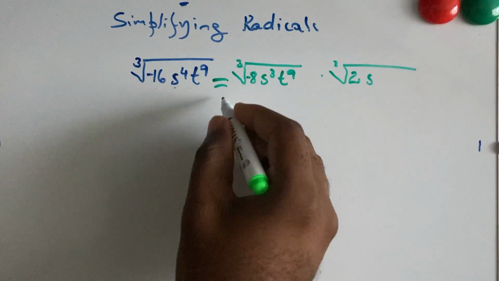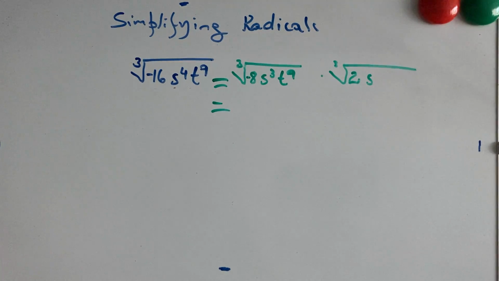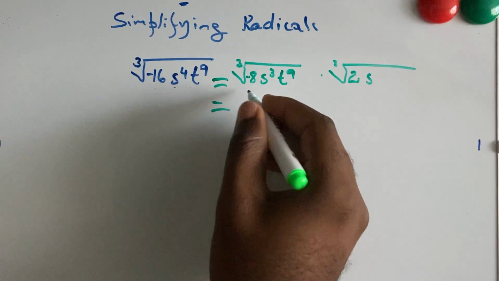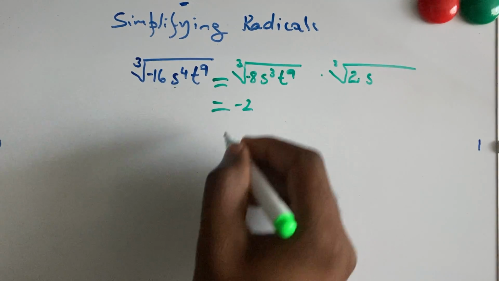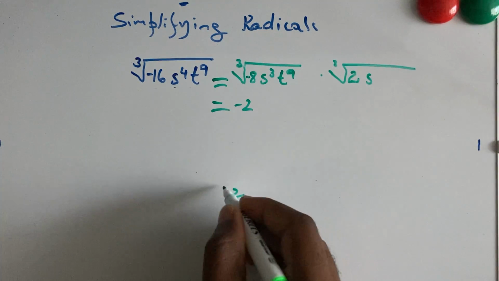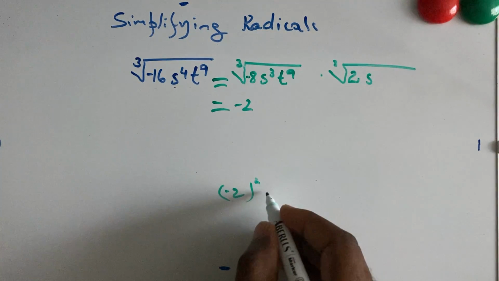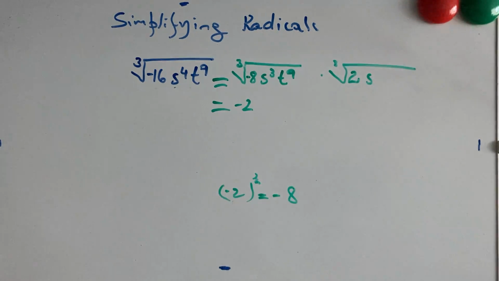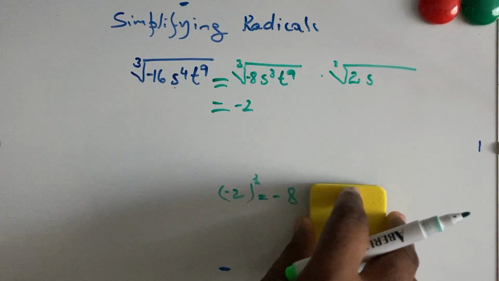Okay, now let's go. Let's solve this. It's pretty easy now to solve, because the cube root of negative 8 will give me negative 2. Why? Because negative 2 cubed is negative 8, okay? Because that's negative 2 times negative 2, which is positive 4 times negative 2 again, which is negative 8, okay?